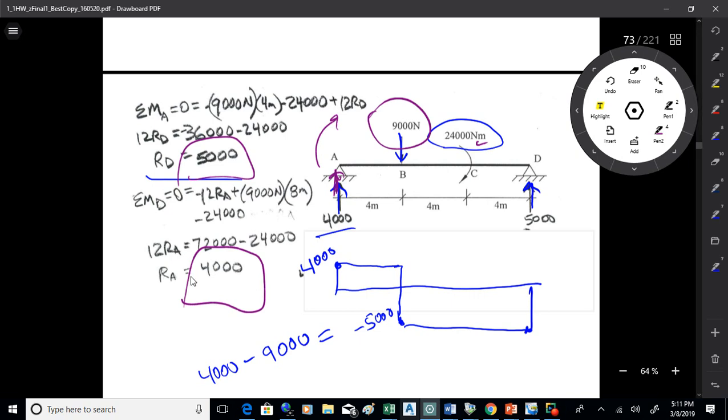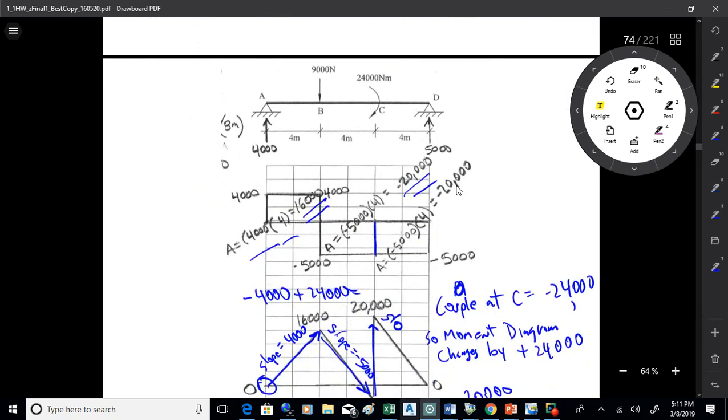All right, so now you have the reactions. So you have all the forces acting on the beam. So you go ahead and draw up the shear diagram. You're going to start at 0 on the left, kick up by 4,000, which is the reaction. Then there's nothing going on until you hit the 9,000 Newton force.